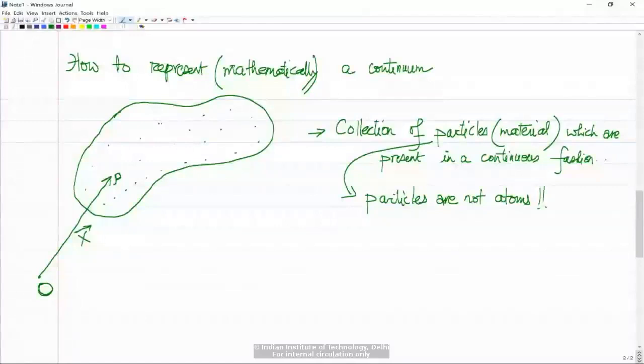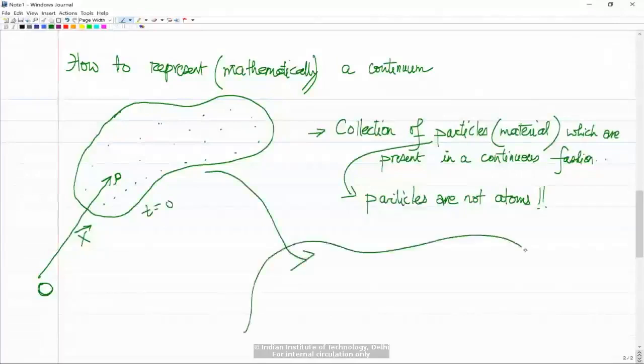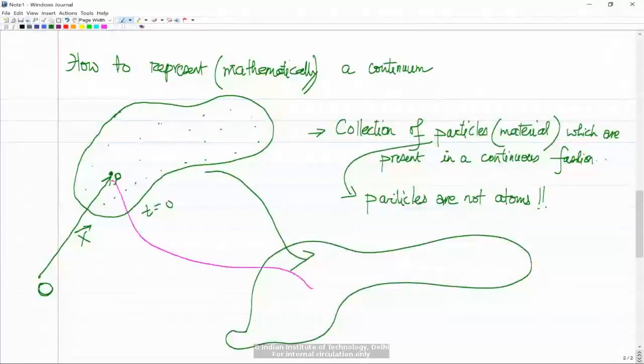But you know that the body is evolving in time, right? So if it is at t equal to 0 over here, at some other time it could be at a different location, right? And it will have a different shape also. So the same particle which was over here, it could have moved and come here, right?